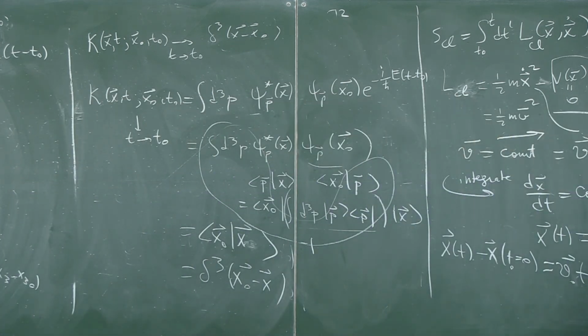When t goes to t0, the propagator k goes to the delta cube x minus x0, which is an identity operator, right? It tells you that you cannot move from x0. If you don't move in time, if t stays at t0, you don't have to move in space. That x should stay at x0. That's the demonstration. That it's an identity operator practically.